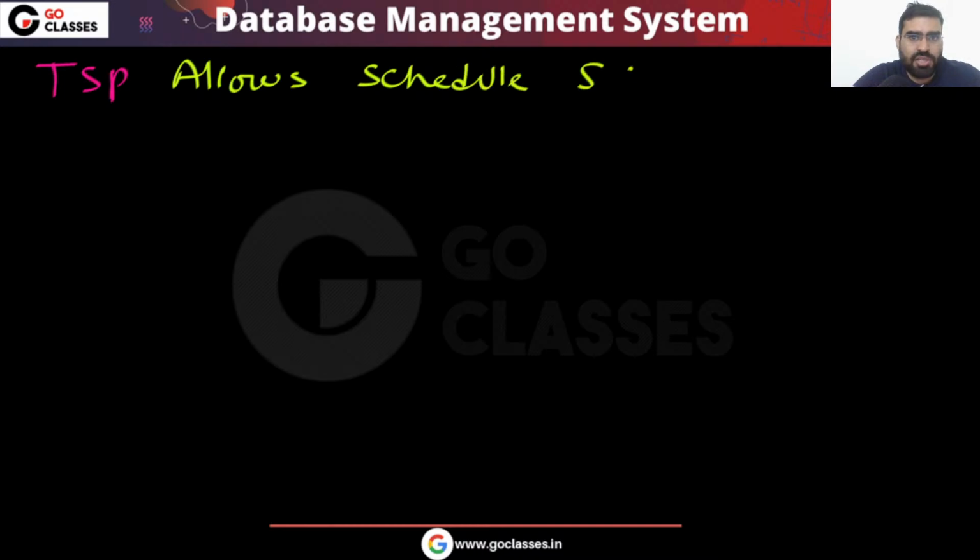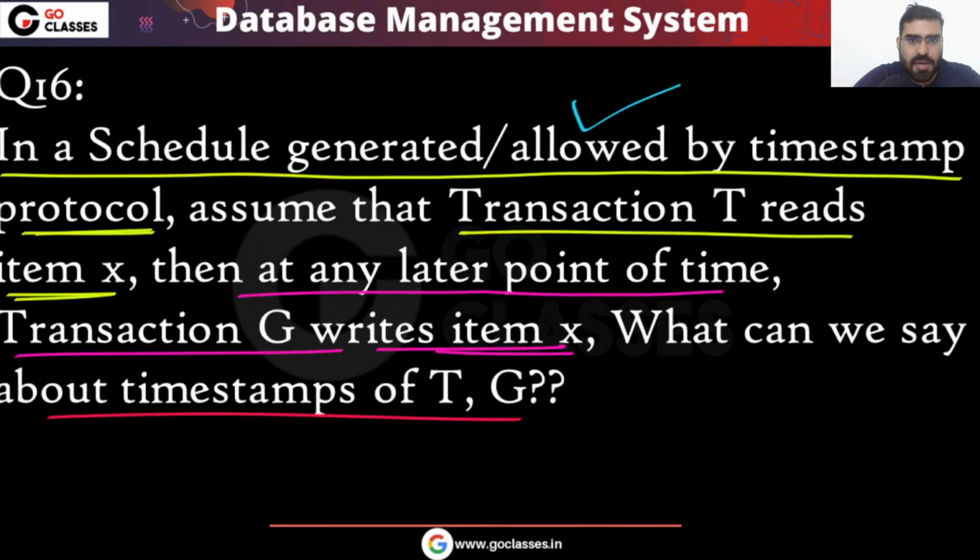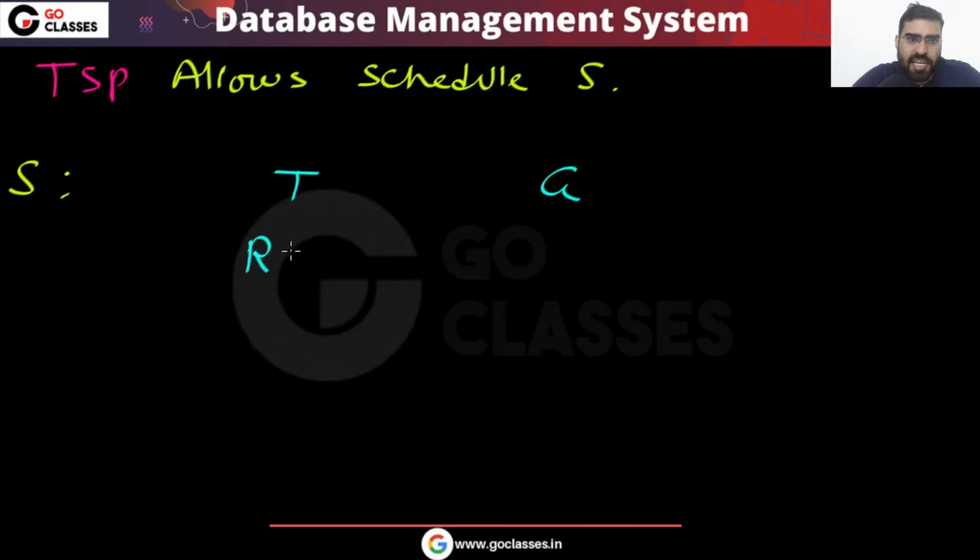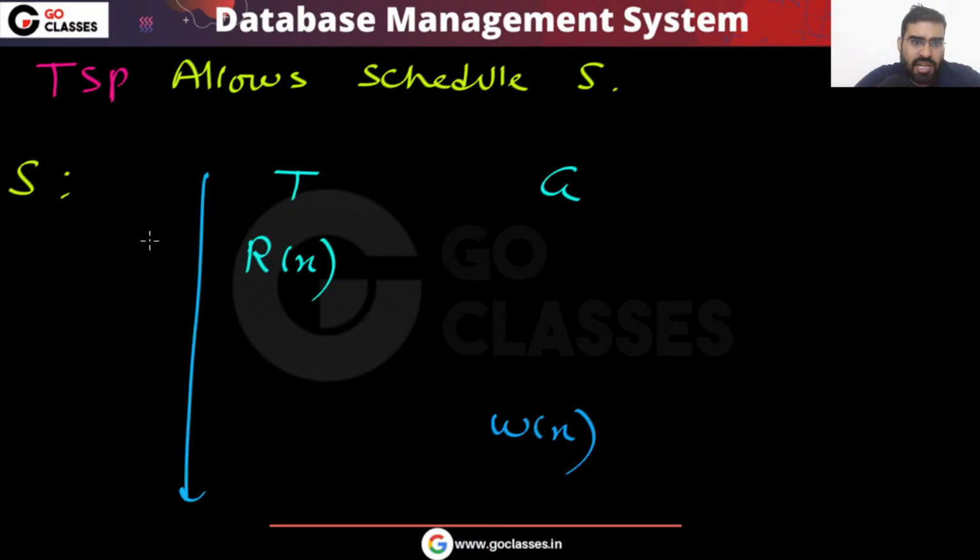In this schedule S, there is a transaction T and a transaction G, and the transaction T reads item X. Then, after some point of time, G writes item X. So what can you say about the timestamp of T and G? You can easily see that if this is happening, the time is going like this.